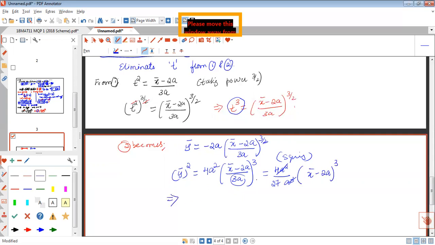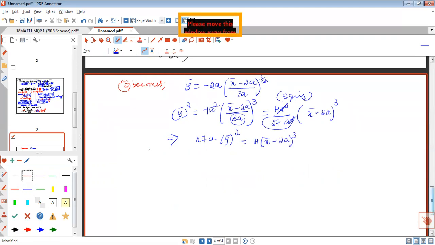Or take this 27a to the other side, so you will get 27a times y bar square, this value on the left hand side, equal to 4 times x bar minus 2a to the power 3, right?